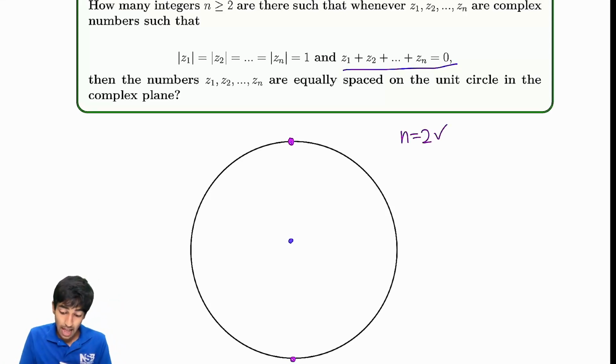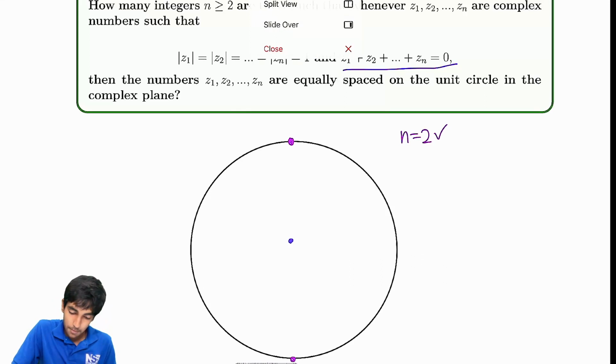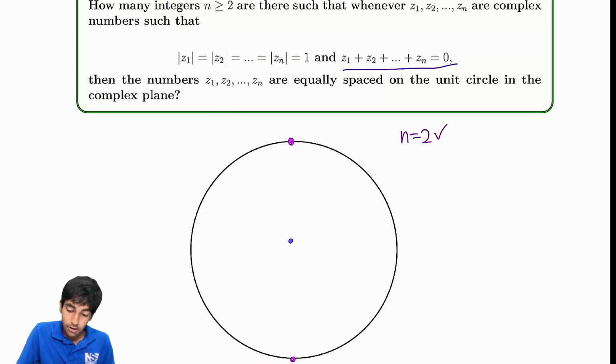What about n? Oh, sorry, I misremember the question. The question is saying whenever there are complex numbers such that this is true, then the numbers must be equally spaced. So if you have 2 complex numbers and they sum to 0, what must happen?